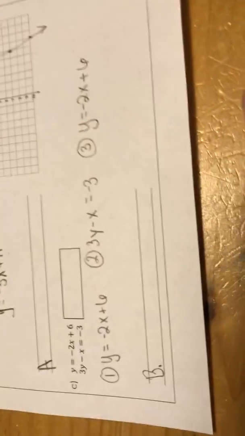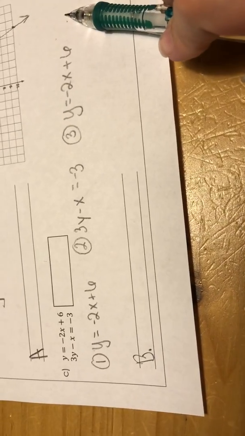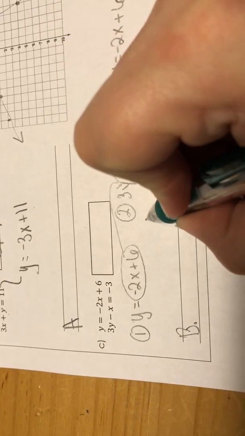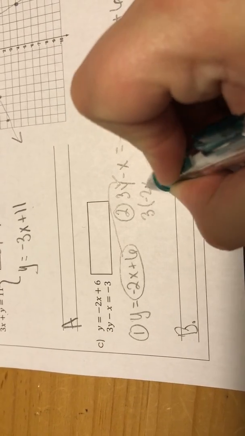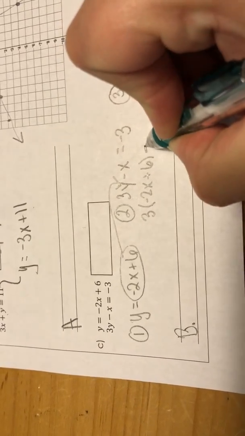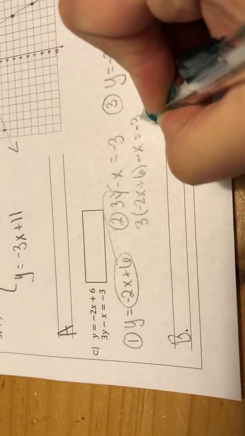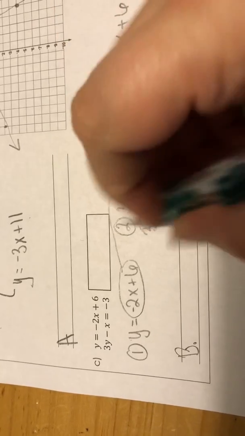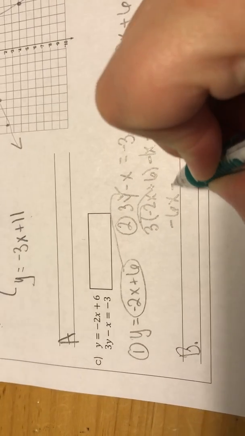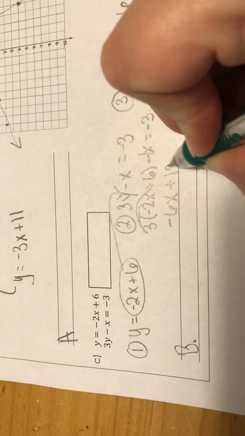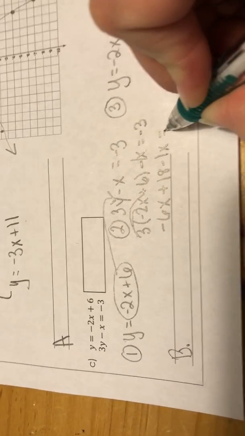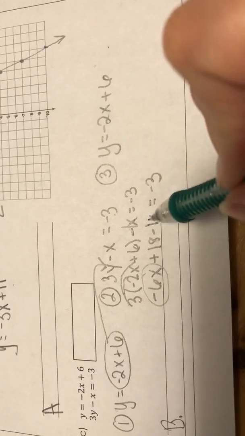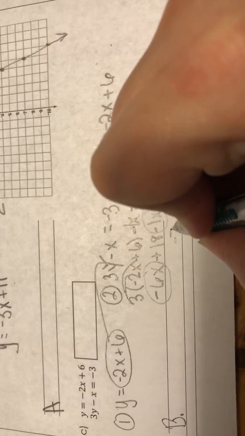Okay, and then lastly, I already have this set up. So I'm just going to plug in my expression for y. I need parentheses. Please note that's a -1x. So we would get -6x plus 18 minus 1x equals -3. This will give you -7x.